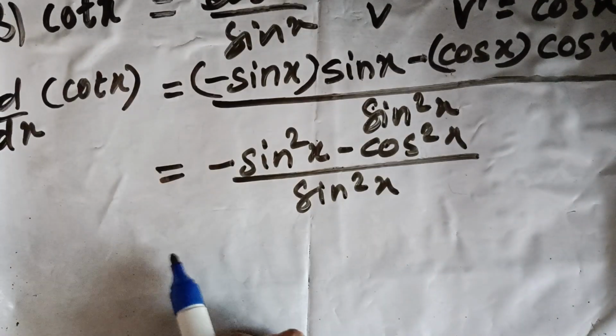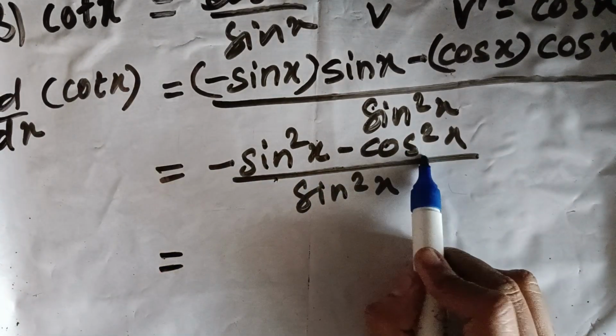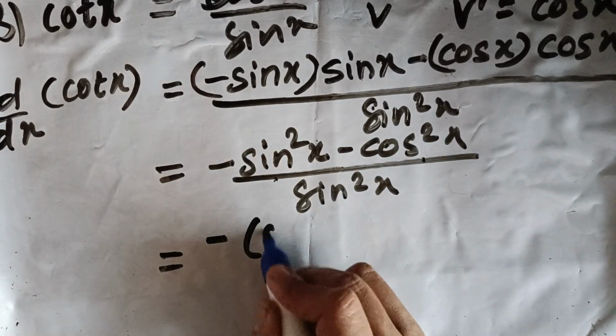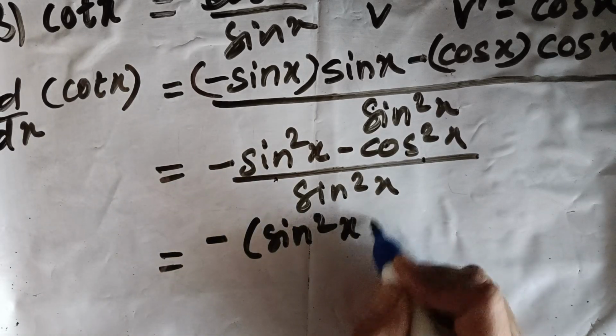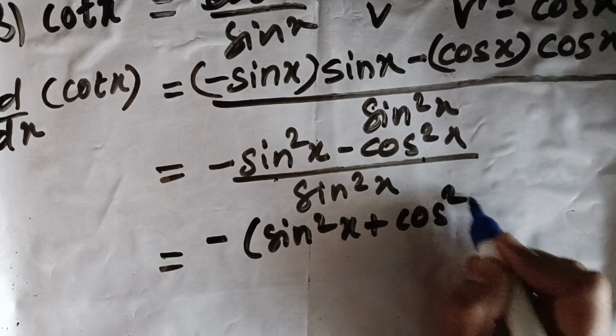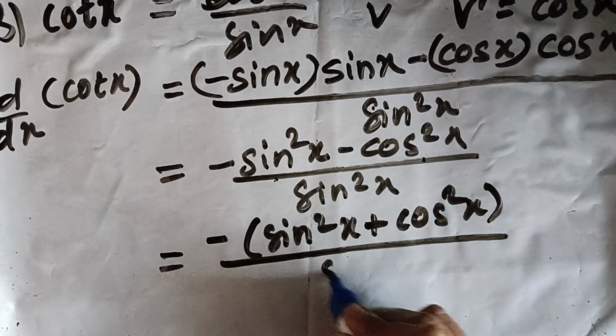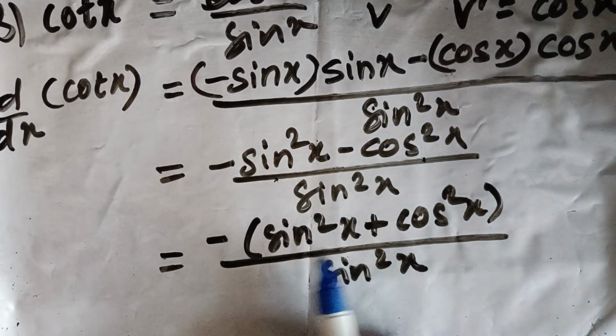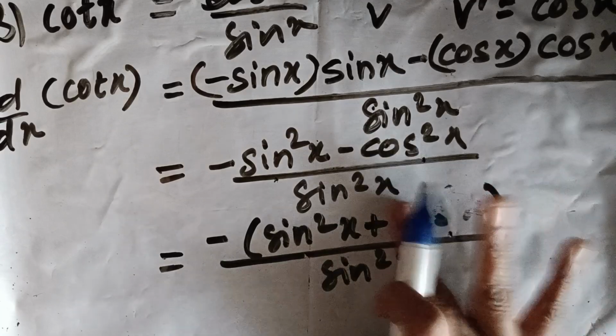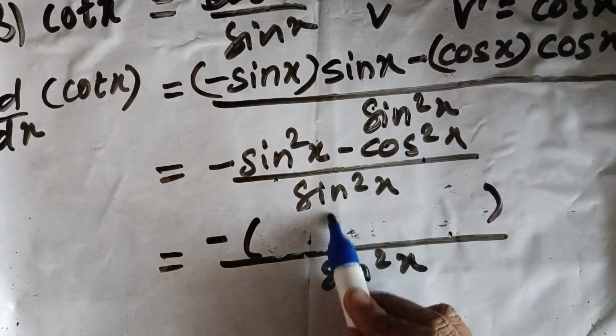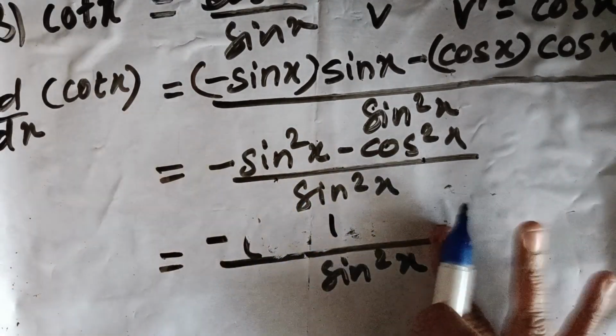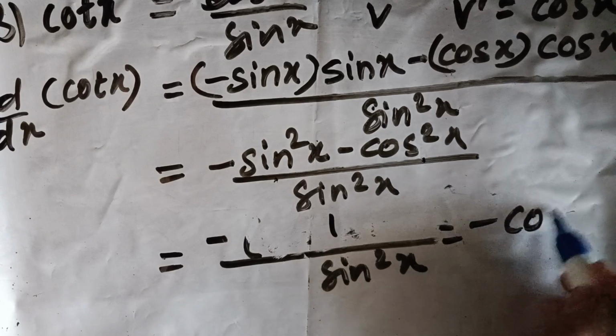So minus sine square x minus cos square, minus I can take outside, so this will be sine square x plus cos square x upon sine square x. Sine square x plus cos square x is 1, identity, right? So minus 1 upon sine square x is minus cosec square x.